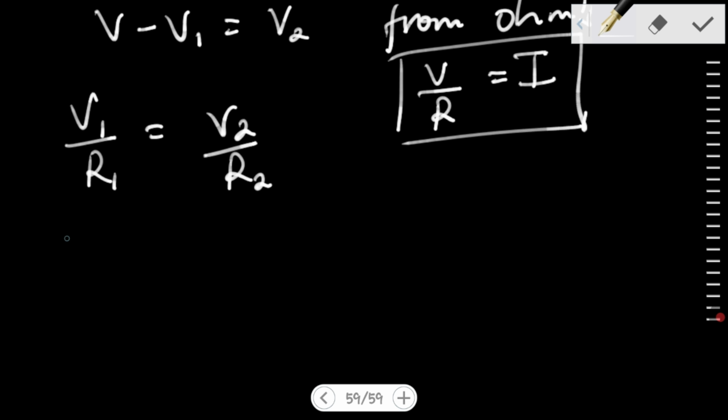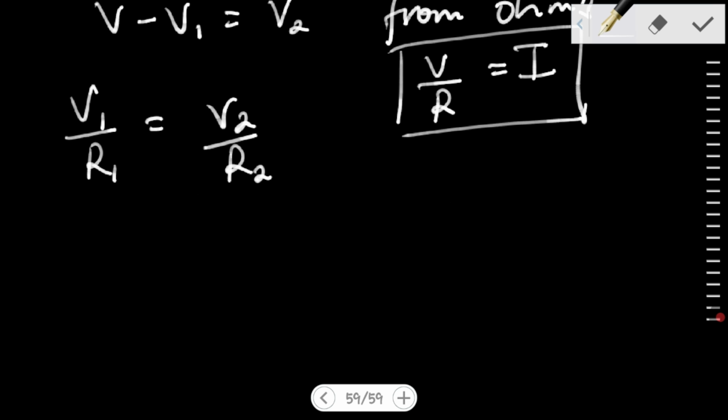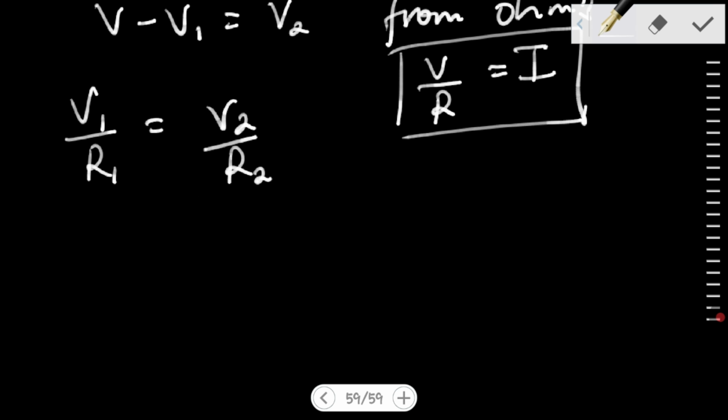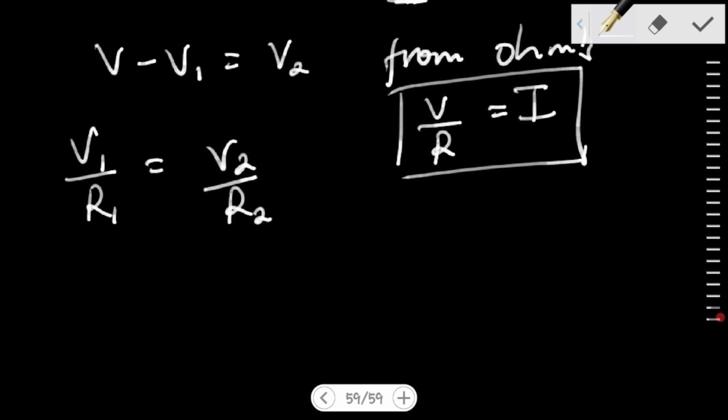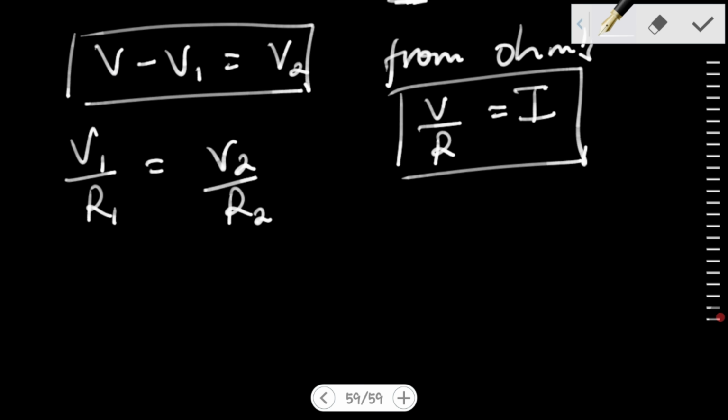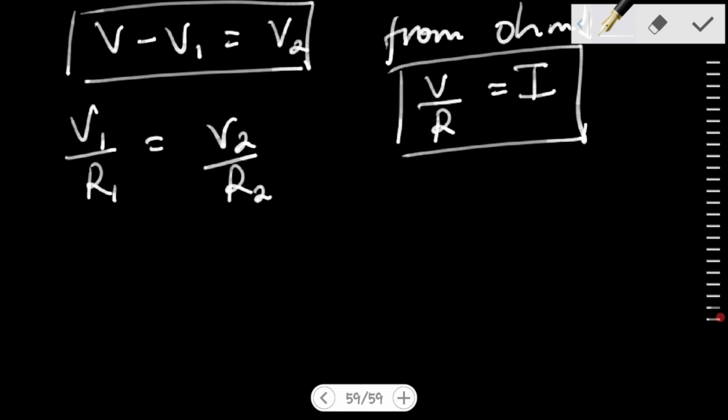Also, I have V2 equal to V minus V1. So let's make the substitution.